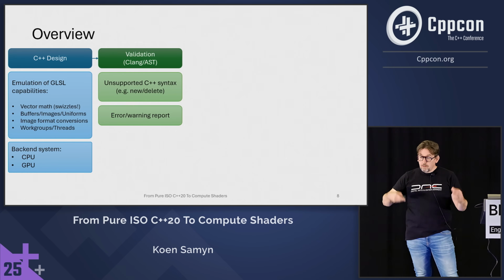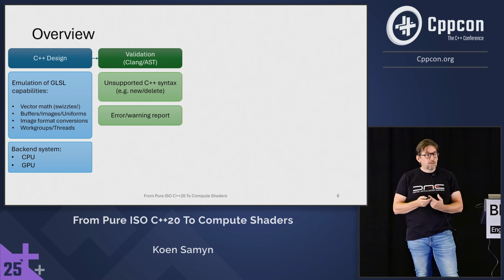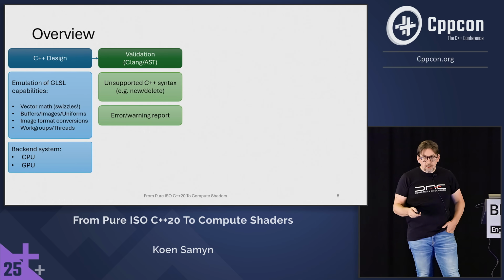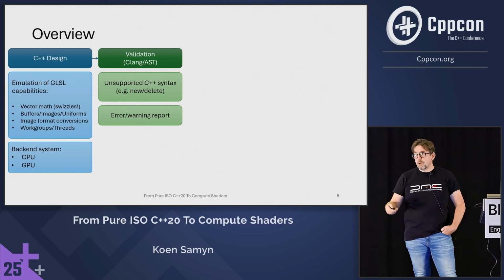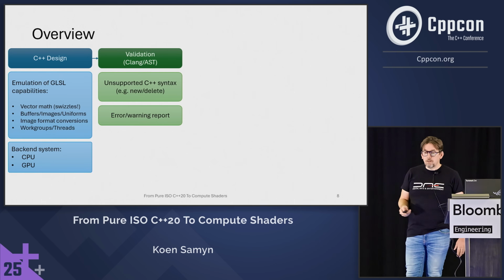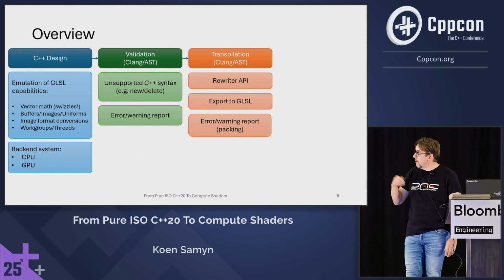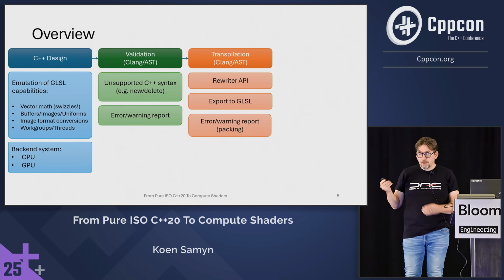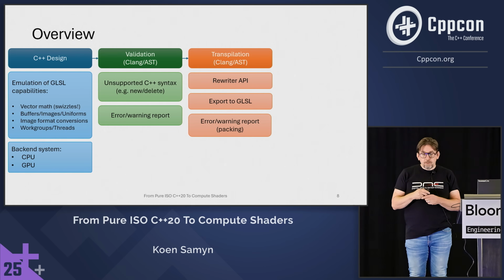But what I do is I look at unsupported C++ syntax. On the GPU, you cannot create new. So you cannot use new and delete. You cannot work on the heap. And I generate an error or warning if a programmer would use an unsupported part of the syntax. Then, if the validation works, I do a transpilation step. I use the rewriter API for that.